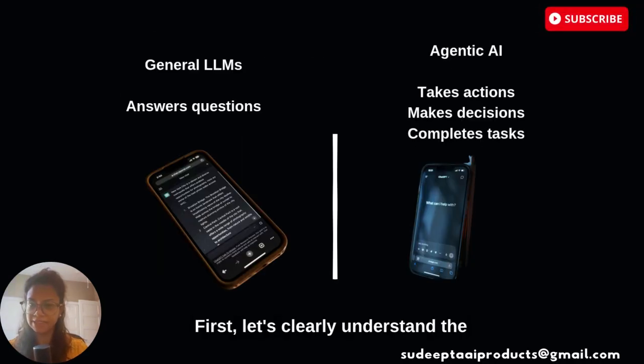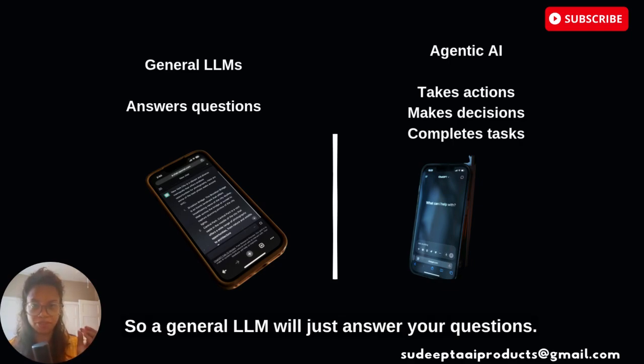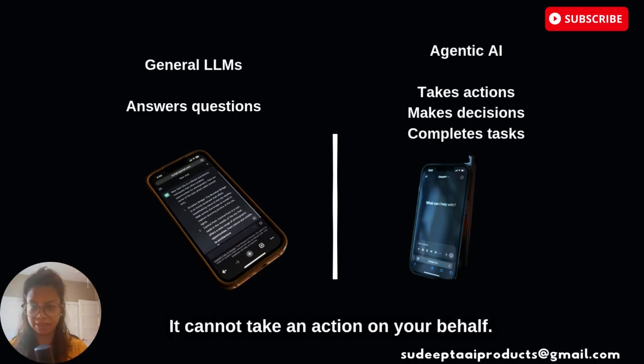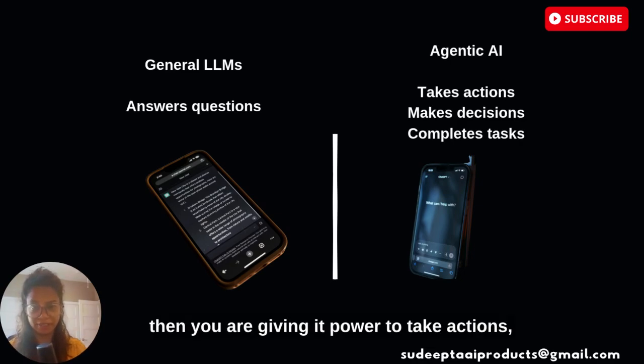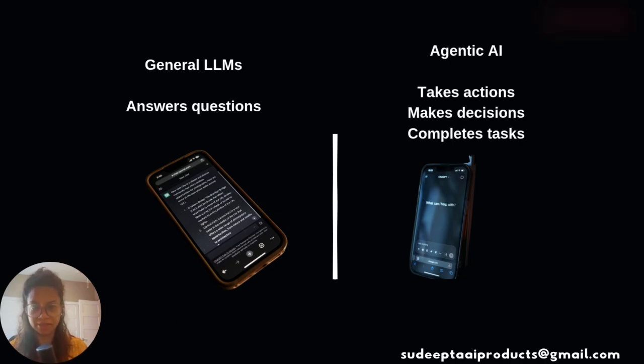First, let's clearly understand the difference between LLM and agentic AI plus LLM. So, a general LLM will just answer your questions. You ask it a question, give it a prompt, it will give you an answer back. It cannot take an action on your behalf. Now, if you build in agentic AI and LLM, then you are giving it power to take actions, make decisions, and complete tasks.